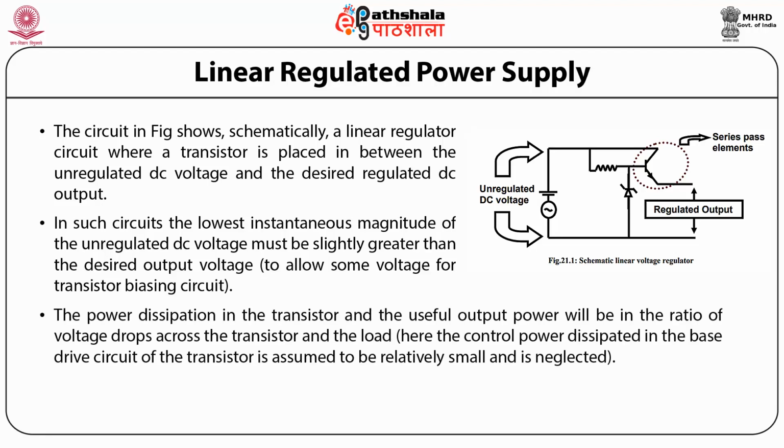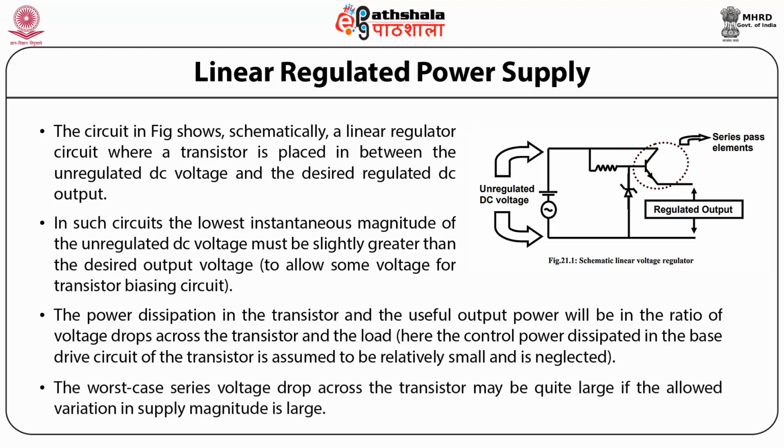The power dissipation in the transistor and the useful output power will be in the ratio of the voltage drop across the transistor and the load. Here the control power dissipated in the base drive circuit of the transistor is assumed to be relatively small and is neglected.